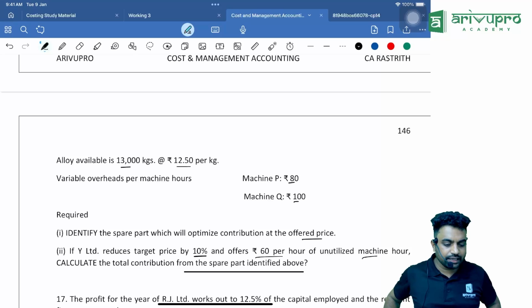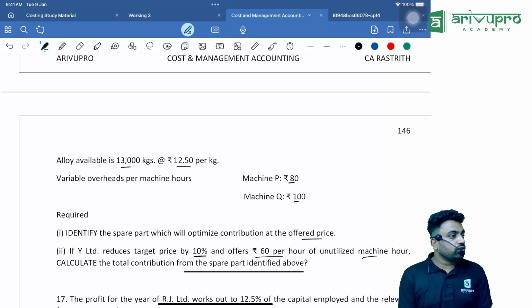Shall we? Okay. Now, first we want to find out the maximum units that can be produced. Not to be, can be.